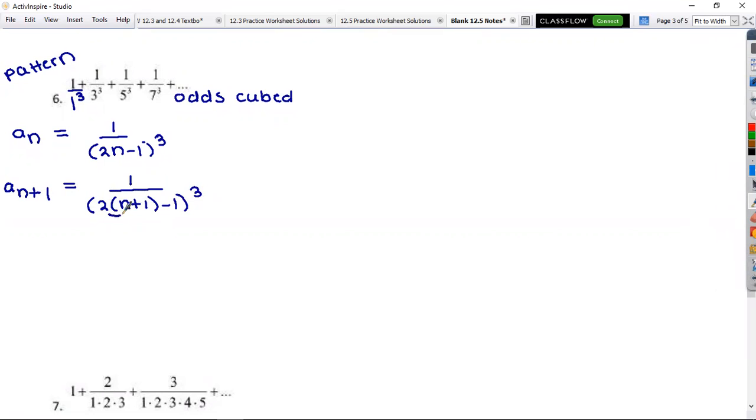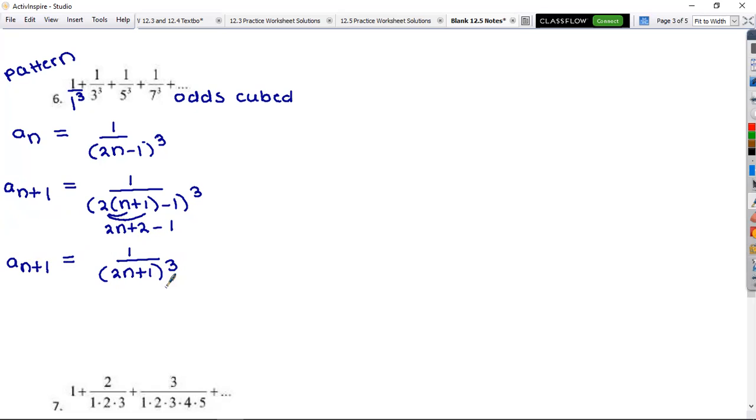So you're going to think distribute, distribute. So this would be 2n plus 2 minus 1. So really my formula for n plus 1 would be equal to 1 divided by 2n plus 1 cubed. All right, so now you continue from here.